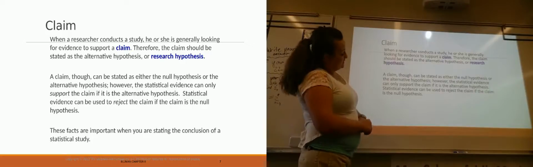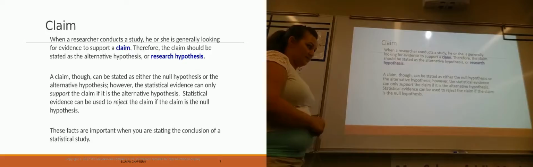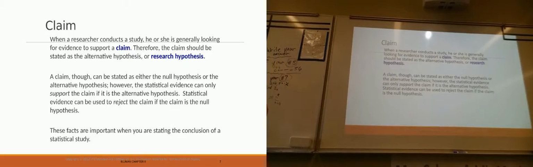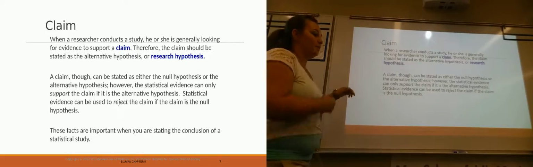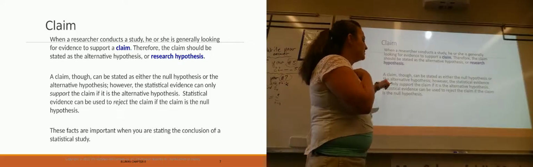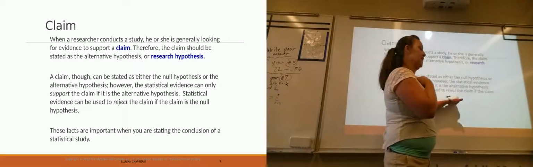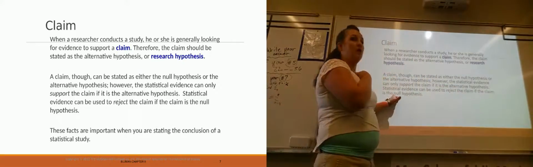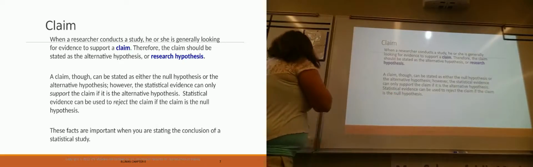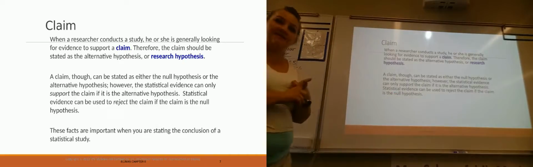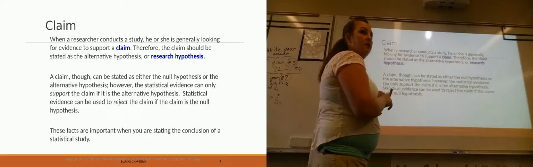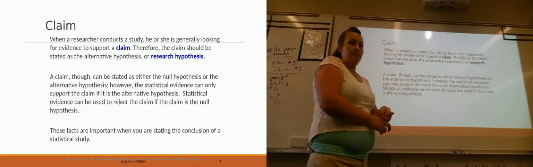However, the statistical evidence can only support the claim if it is the alternative hypothesis. So this is a very important piece. Statistical evidence can be used to reject the claim if the claim is the null hypothesis. So we can accept the alternative and we can reject the null.